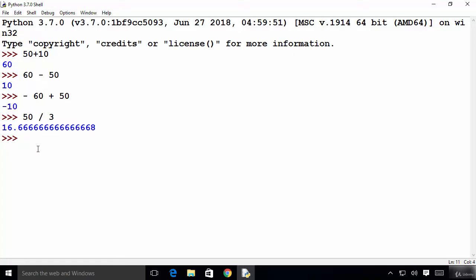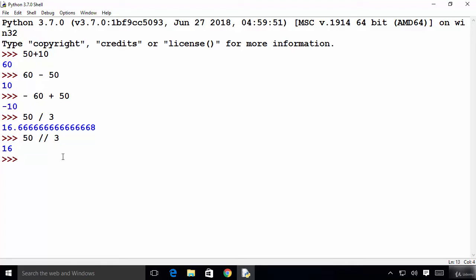So if you want to just get an integer value and not the decimal value out of the division, then you can write this expression, which is 50 // 3, and then press enter, and now you get 16, which is a whole number or an integer.